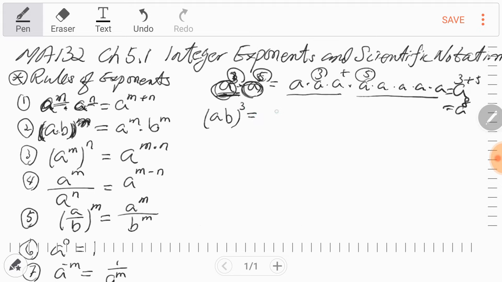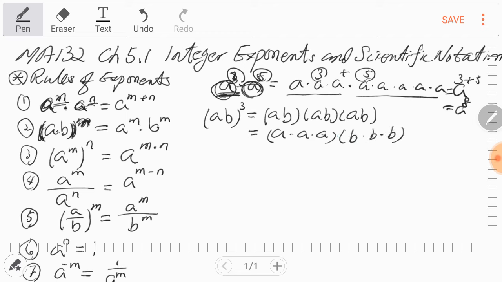Then this is equal to the base ab multiplied 3 times. If we collect a's first, then there are 3 a's multiplied by 3 b's multiplied. So this is equal to a cubed times b cubed. It's pretty simple. If a product is raised to a power, then assign this power to each factor in the base. So it will be a cubed times b cubed.